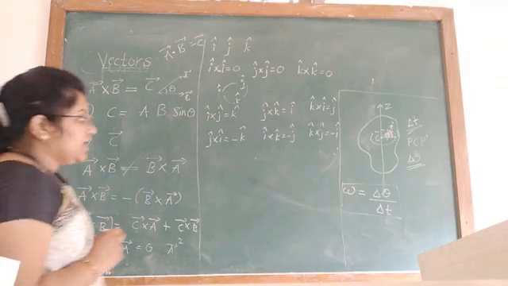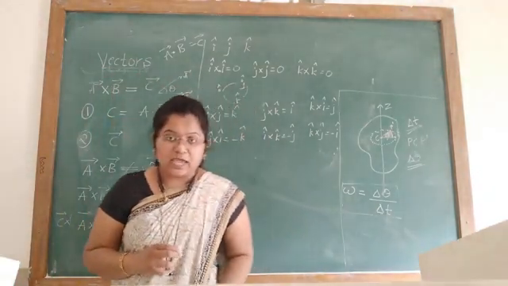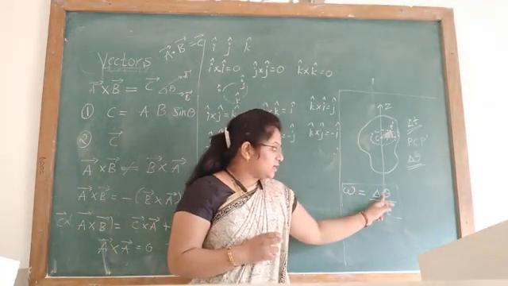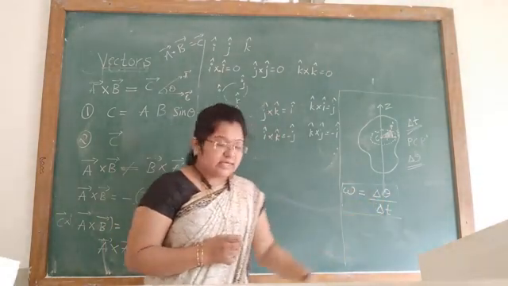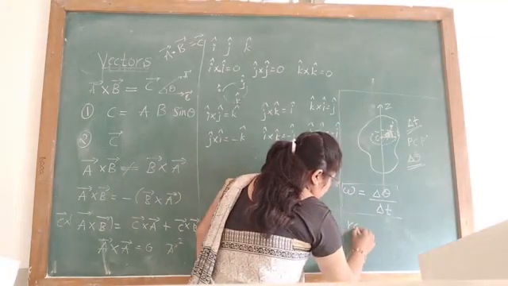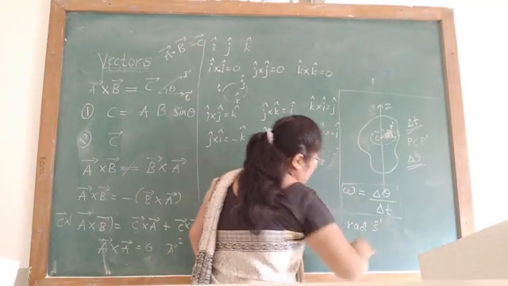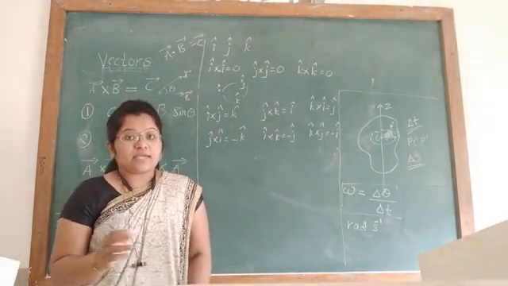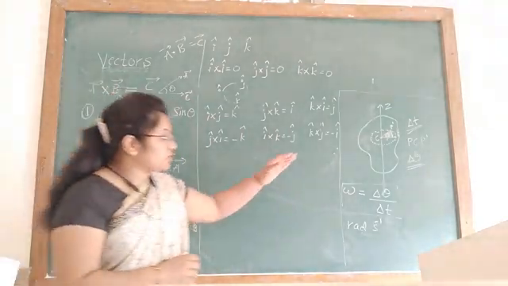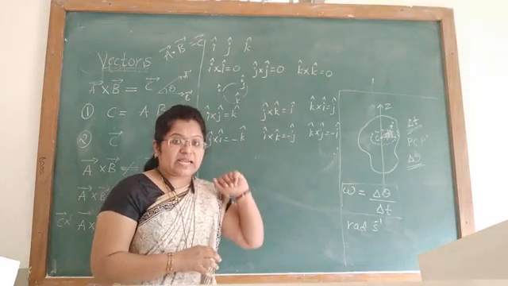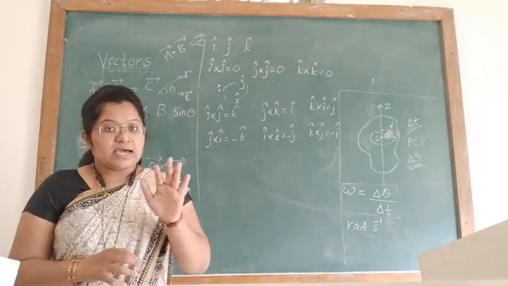Okay. So this is angular velocity. Angular velocity is equal to angular displacement divided by time, and its unit is radian per second, because here we don't have the distance in meter, kilometer, centimeter, anything. Here we have the angular displacement, so that angular displacement is nothing but radian.